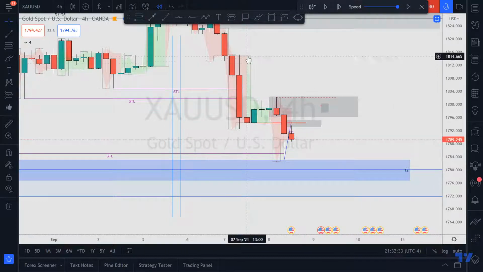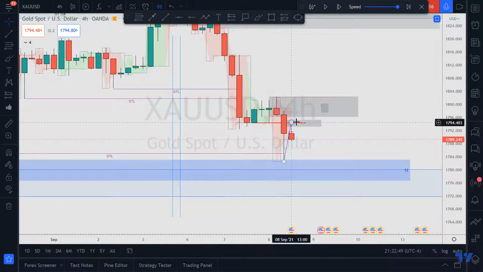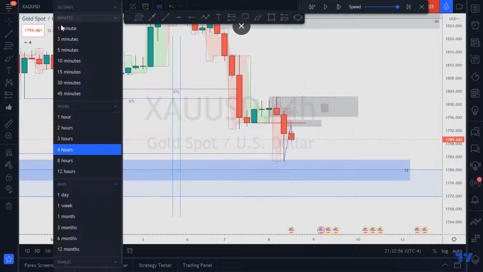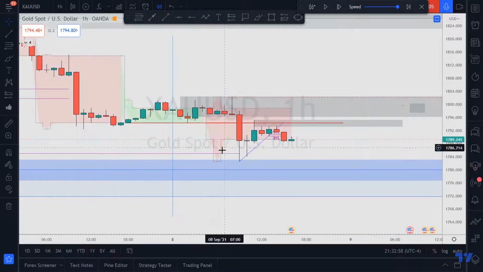This is showing the 12-hour candles superimposed over the lower time frame. You can see the outline of this bearish, bullish, bearish pattern, this bearish order block. You can see it there. You can see it even clearer as we go down further.